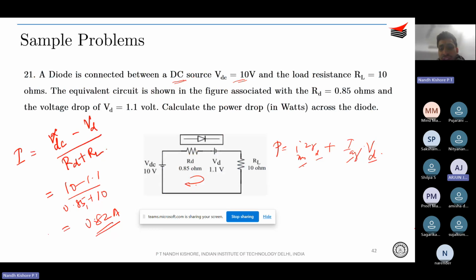So just plug it in over here, 0.82 amps. 0.82 square into RD plus 0.82 into VD.